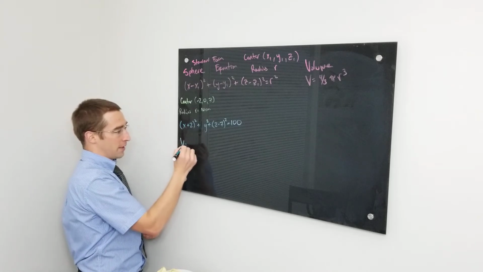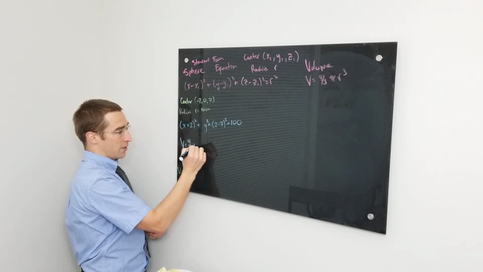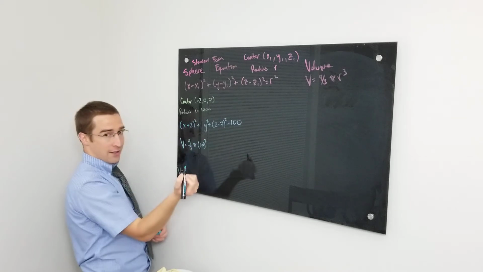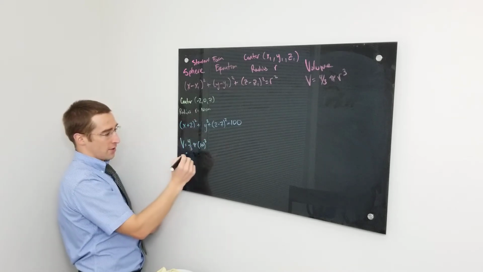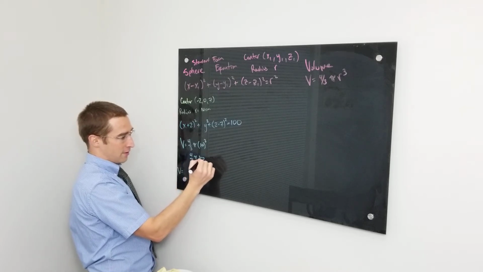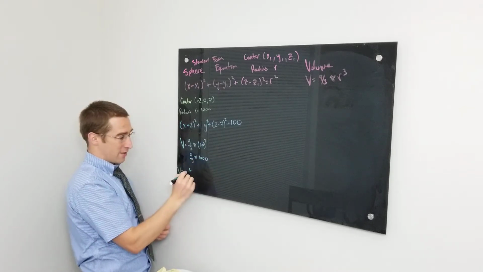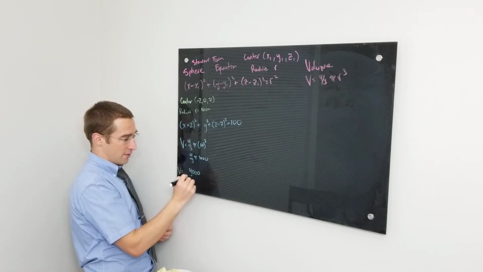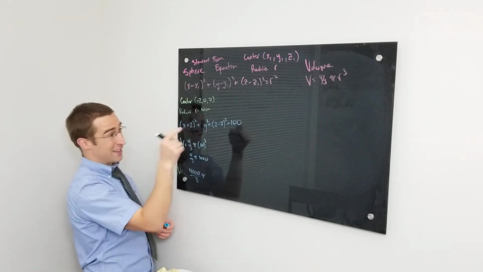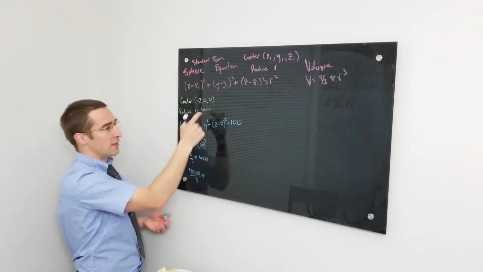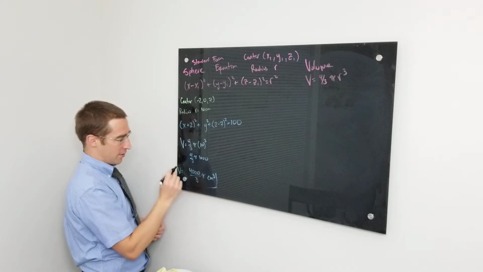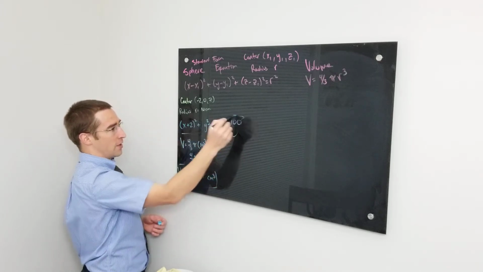The volume is 4/3 pi times the radius 10 to the third. So it's just 4/3 pi times 1,000, which we can write as 4,000 over 3 pi. And the thing to remember is we're talking about centimeters cubed, cubic centimeters. So there's our volume, there's our equation.